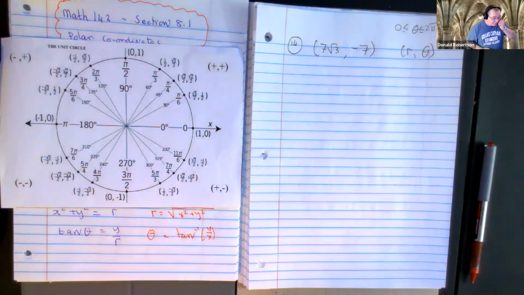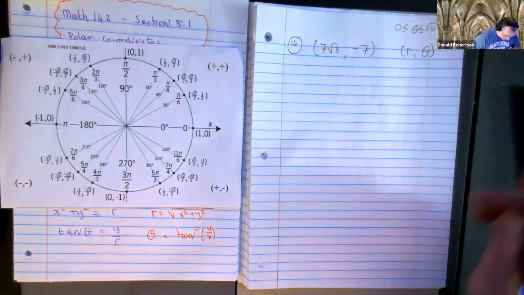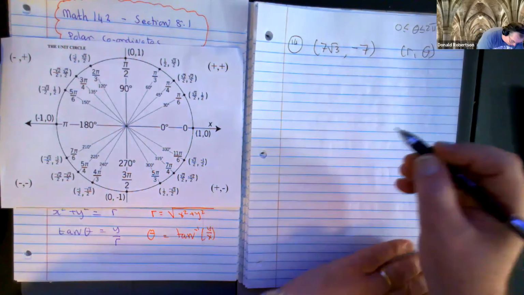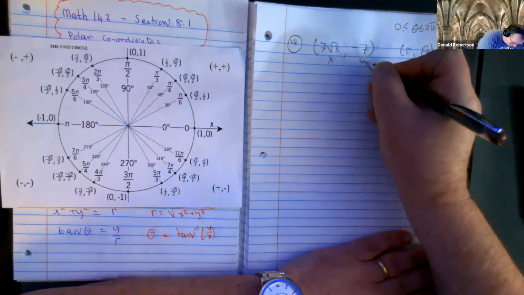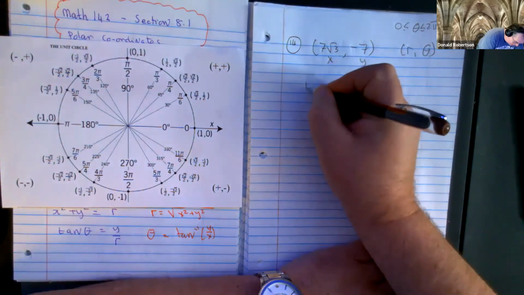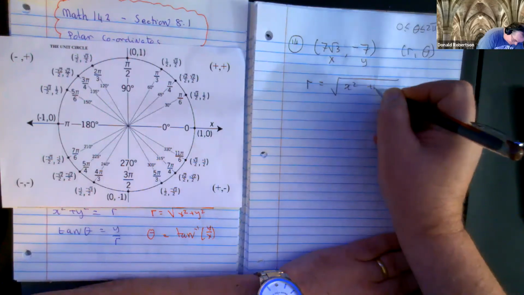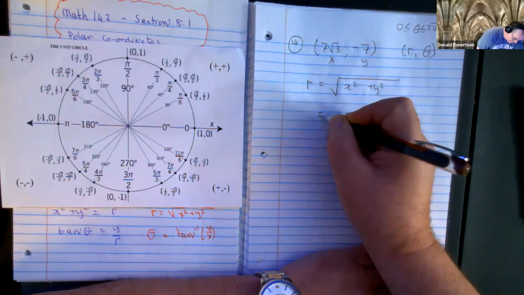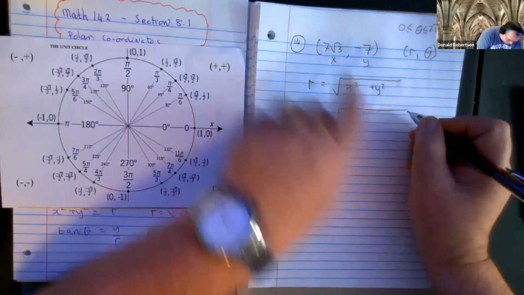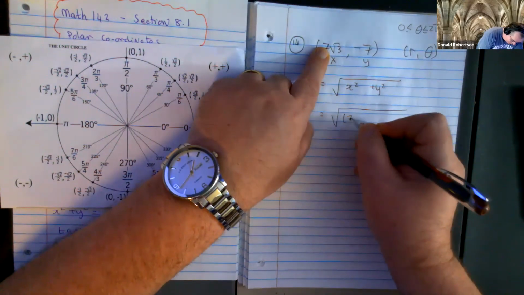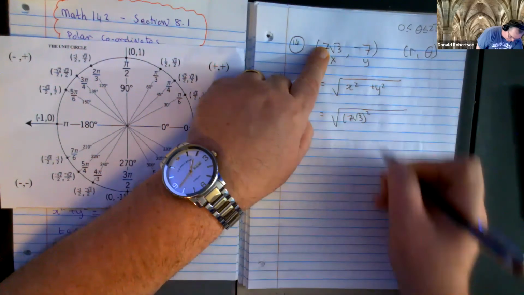Obviously, that's the bit that tells me it's polar. So there's the X value, there's the Y value. To get R, we do this. Be careful when you see square roots, especially if you're going to do something like square them.